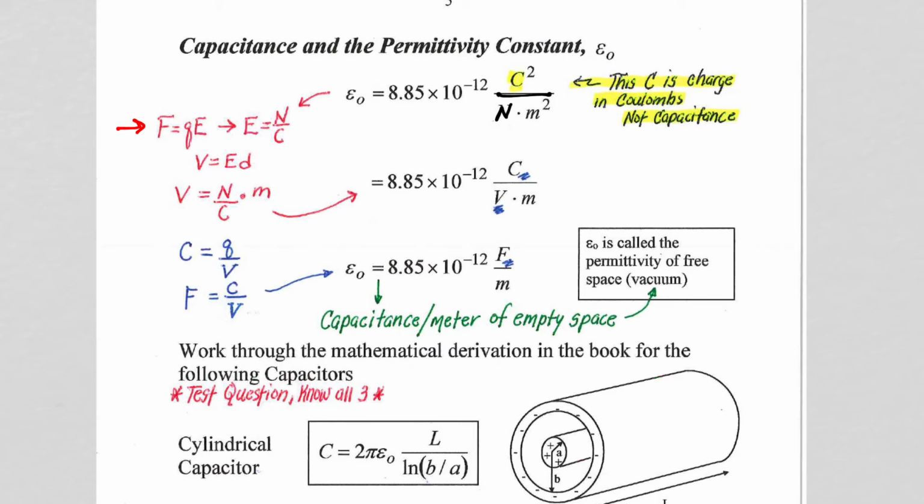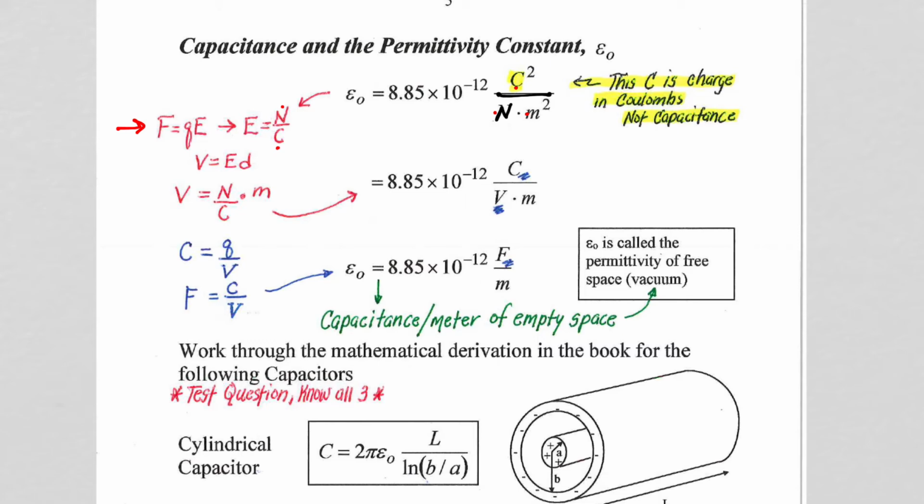F equals QE, E equals then newtons divided by coulombs. Voltage is E D, electric field times D, so we have Newton meters divided by coulombs. Well, we have Newton meters and coulombs up here, right? We have a Newton, we have a meter, and we have coulombs.